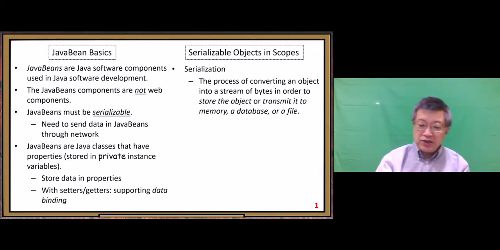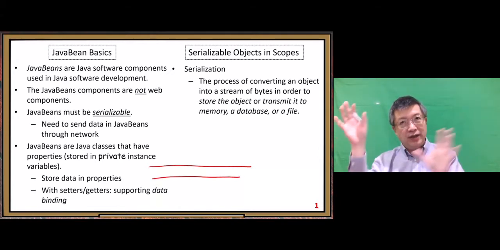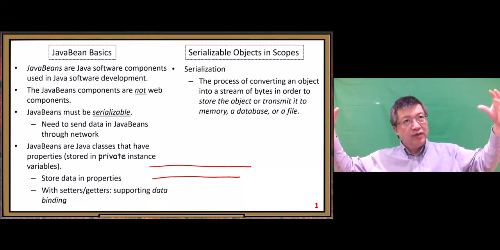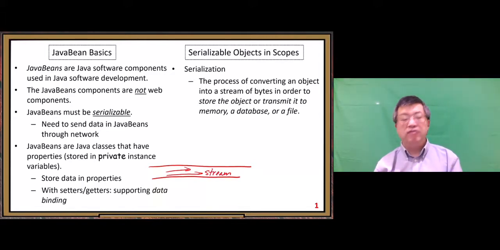In communication, you need to have a stream object, right? A communication channel is created, connecting different computers. So the binary data is sent through this communication channel as a stream of bytes.